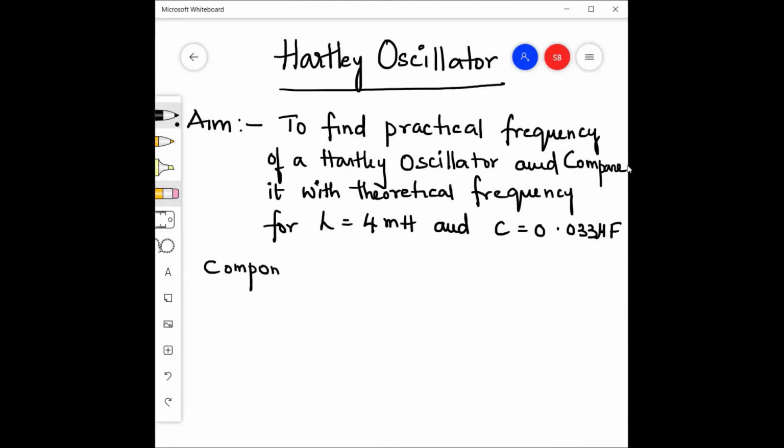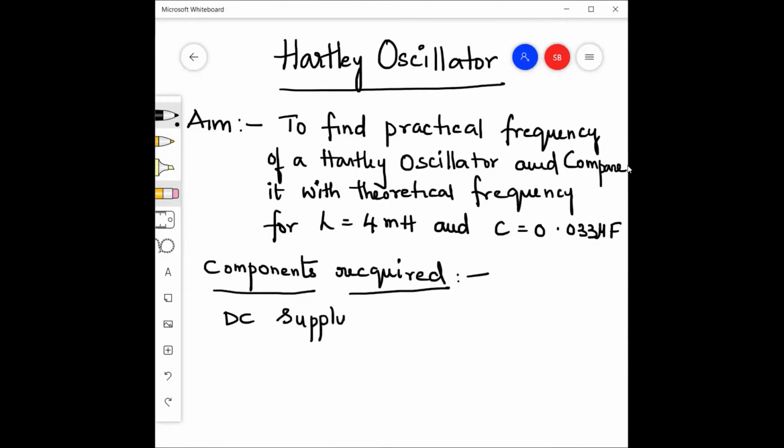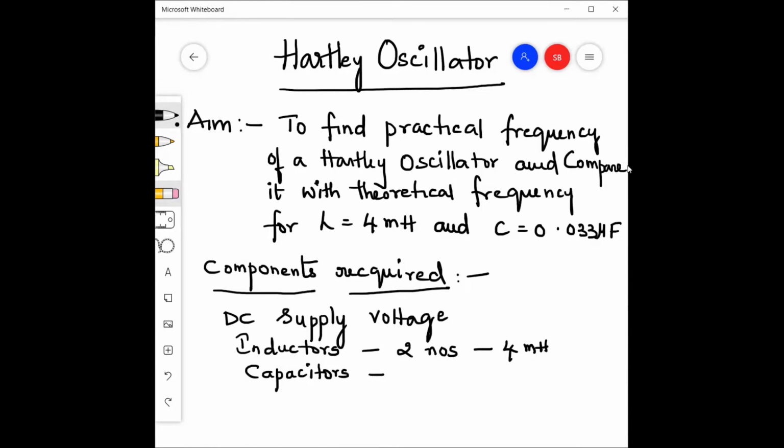Components required: DC supply voltage, inductors, two numbers of 4 millihenry, capacitors 100 microfarads, 10 microfarads of two numbers, and 0.033 microfarad.